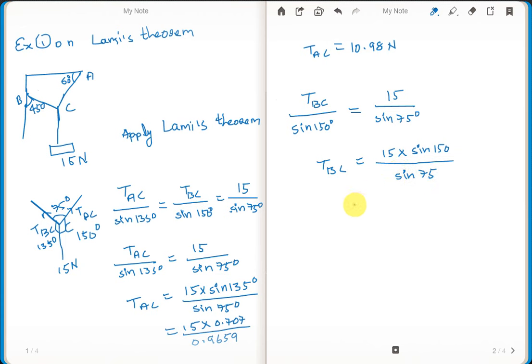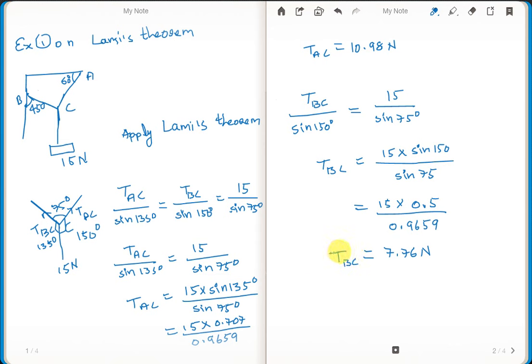Again using the calculator, simplify the values. Sine of 150 will give you 0.5, and sine of 75 again gives 0.9659. Simplifying, you will get the value as 25.9 newtons. That is the tension in BC.